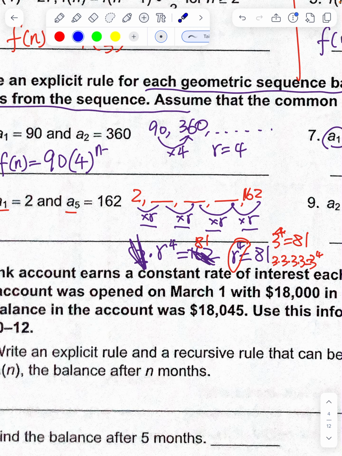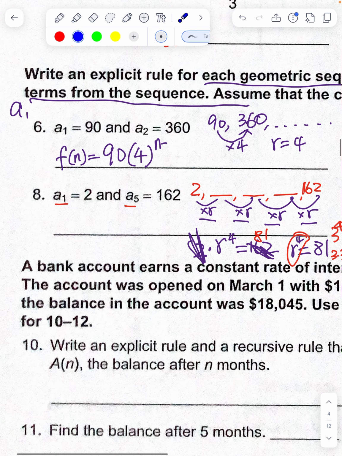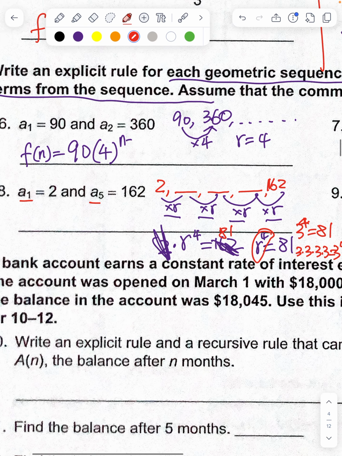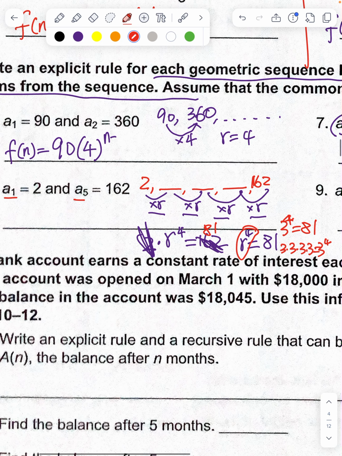How do I figure out this question so quick? Because I've been doing this forever, right? So I know 3 raised to the fourth power equals 81. So the common ratio for number 8 is 3, right?